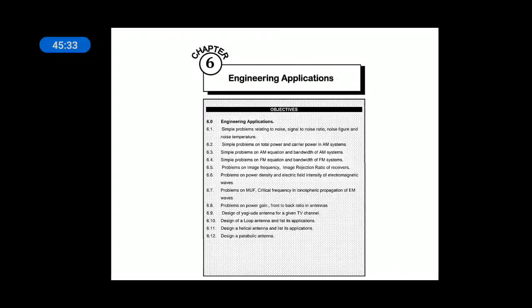We covered 5 topics. The next topic is problems on power density and electric field intensity of electromagnetic waves, which will be discussed in the next class.